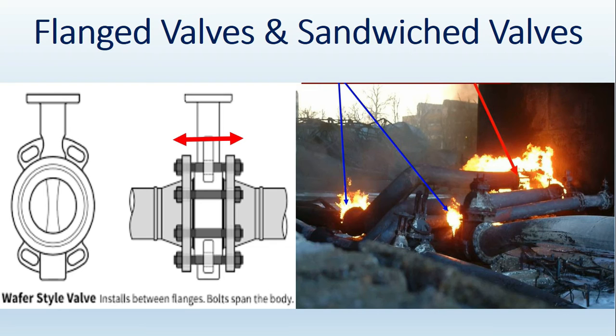This rate of leakage will aggravate the fire, and the fire will spread like anything. So in order to avoid this kind of situation, we should always try to prefer flange joint valves as compared to the sandwich valves.